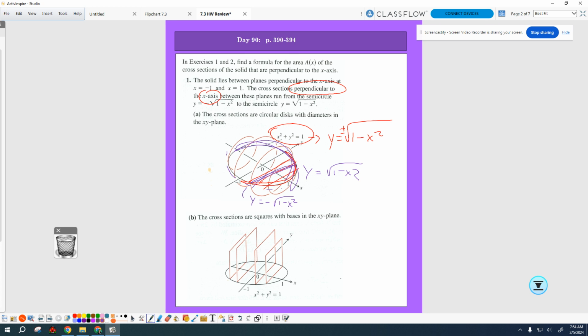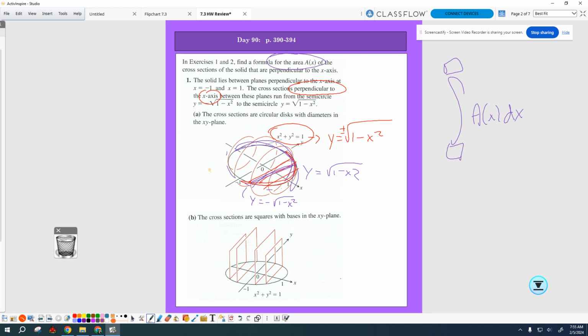When it asks you to find the cross sections, does that mean you're just supposed to find the area of the cross section, the formula for the area? Yeah, this is asking you for a formula for the area. Once you find the formula for the area, that's your equation, and then you need to figure out what bounds.